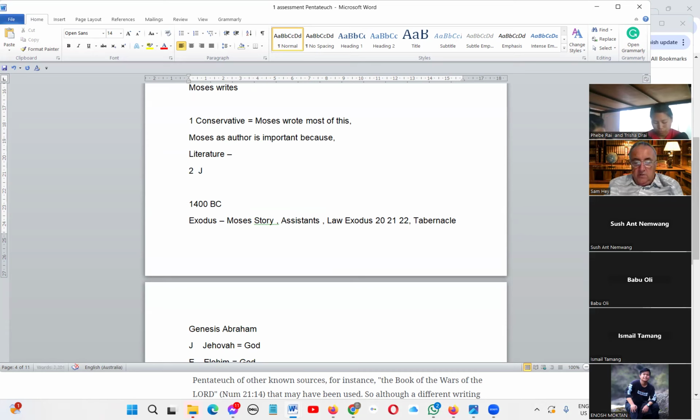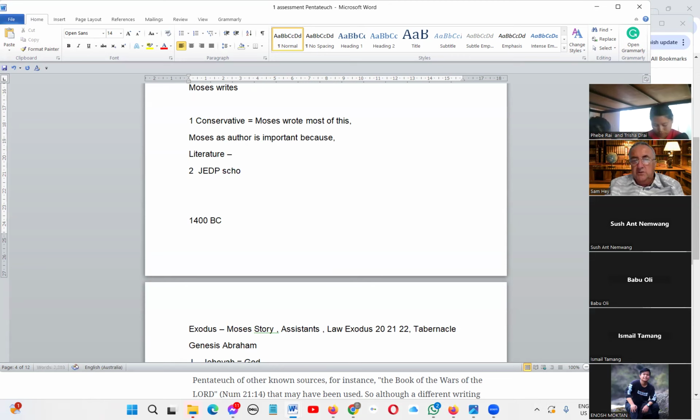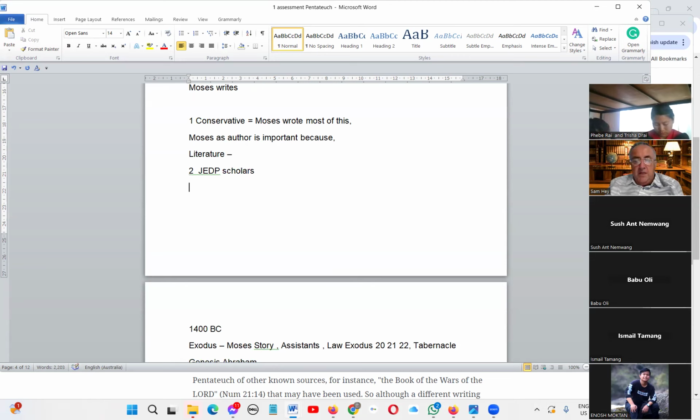Secondly, I suggest that you write JEDP, in a section on those scholars who are keen on this theory. And then thirdly, you can write your view. That way you've covered all three perspectives: the conservative perspective, the JEDP perspective, and your own view.